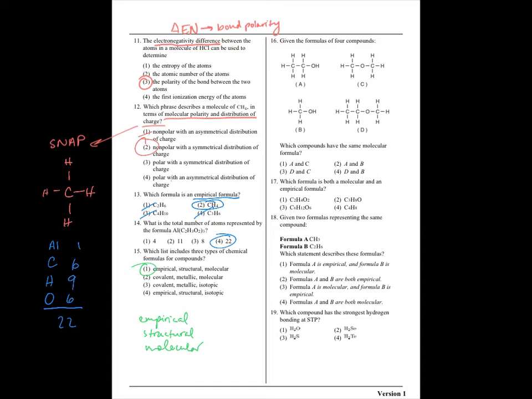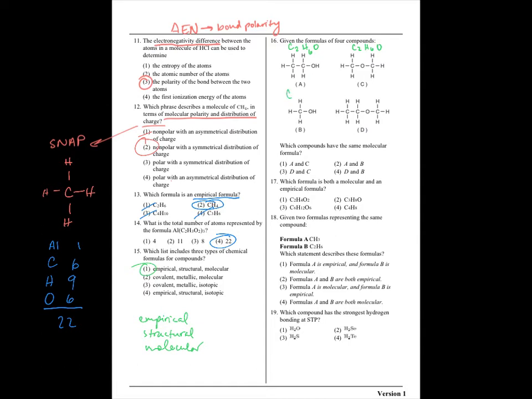Okay, 16. Given the formulas of 4 compounds, which of these have the same molecular formula? That means you're going to write out the formula for each of these structures. So let's look at choice A. Structure A: there's 2 C's, 6 H's and 1 O. Look at C: we have 2 C's, 6 H's and 1 O. Could be just A and C, but let's look at the others to verify.